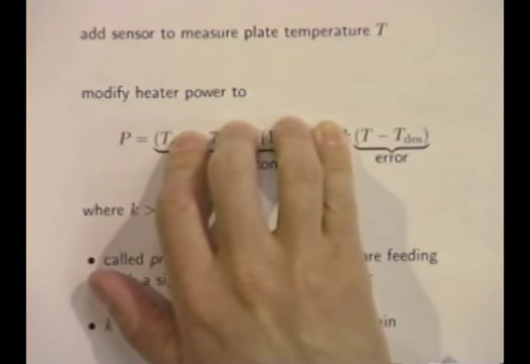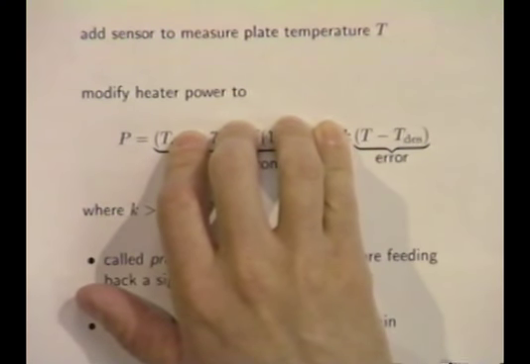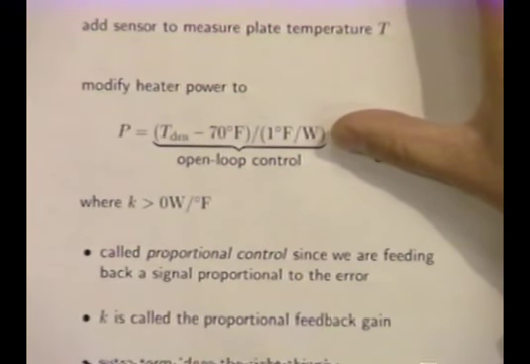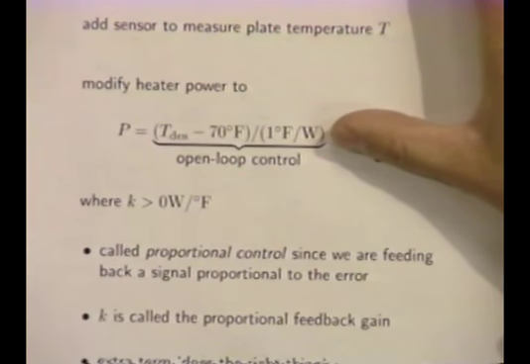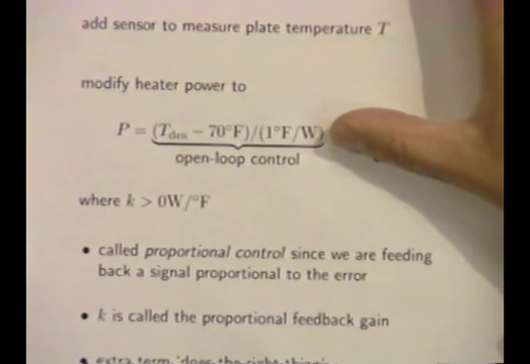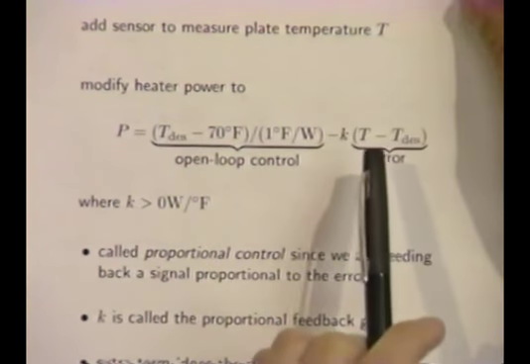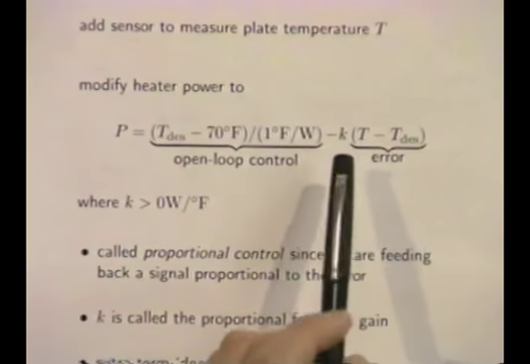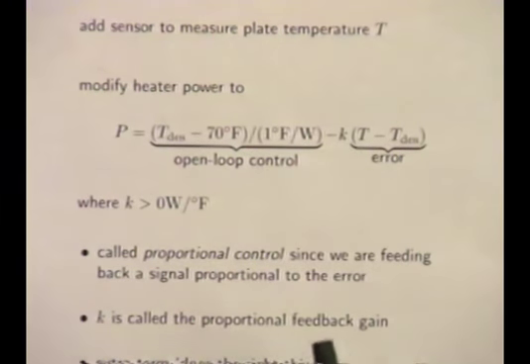If the plate were too hot, what should you do to the power you're putting into it? You should obviously back off on the power, okay? So you should put in the power you would put in had everything been what you think it is, but evidently not everything is what you think it is because the plate, by sensor measurement, is too hot. Therefore, you back off on it. So that's why this is minus k, where k is positive. Okay?